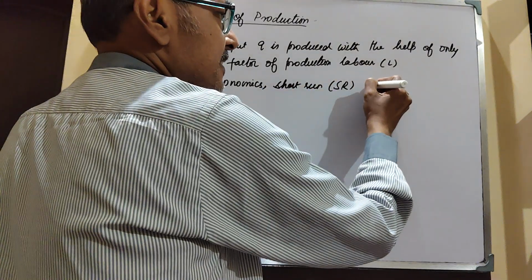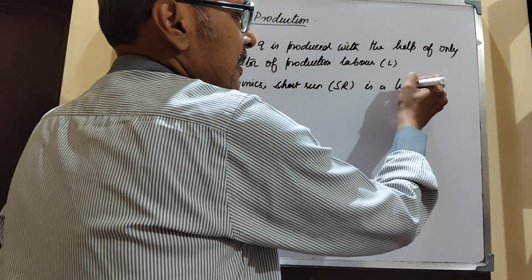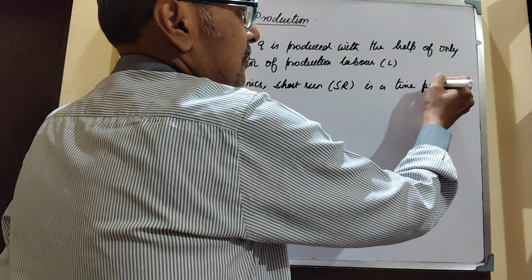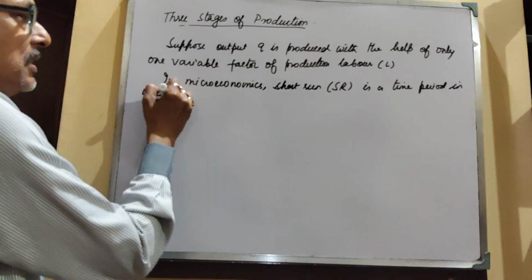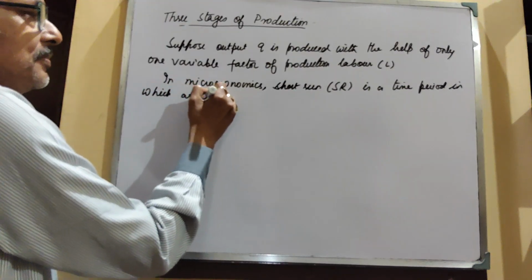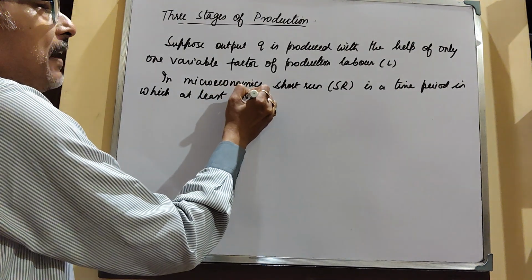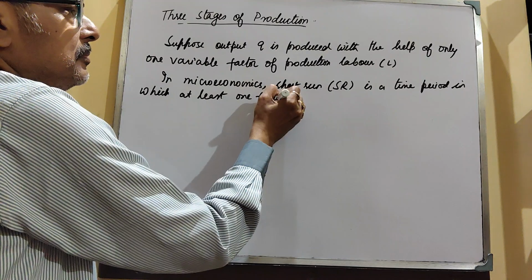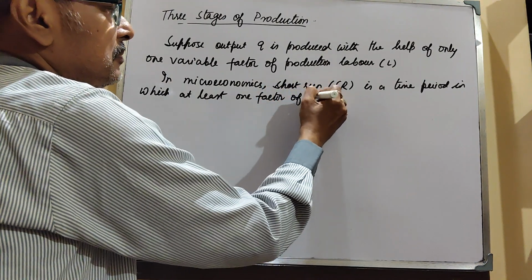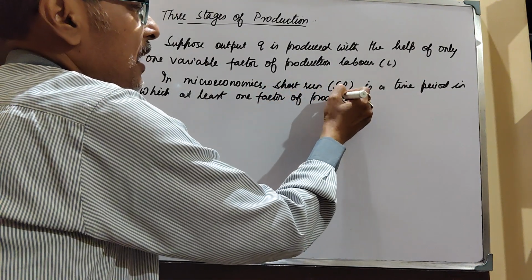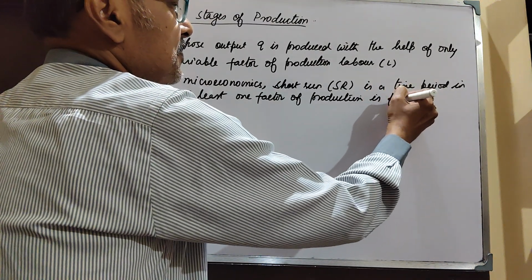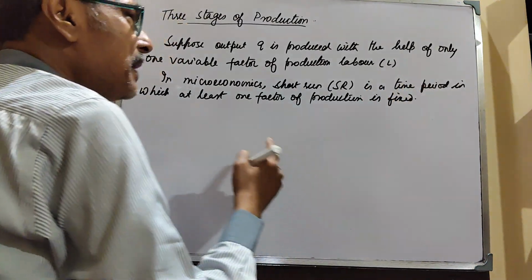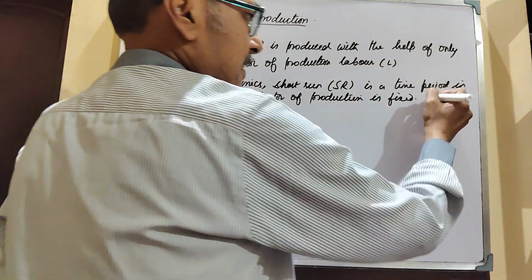Short run is a time period in which at least one factor of production is fixed. Here labor is the only variable factor.